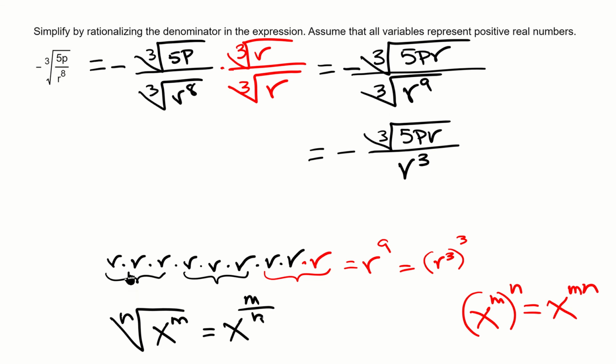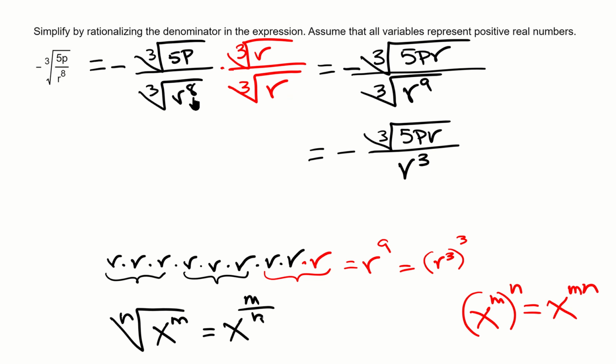Now, of course, we wrote this out here for maximum understanding. However, obviously this is not efficient. What if instead of r to the 8, we had r to the 80? Would we want to sit here and write 80 factors of r? Of course not. So what you need to do is ask yourself, what is the smallest number greater than or equal to 8 which is a multiple of 3?